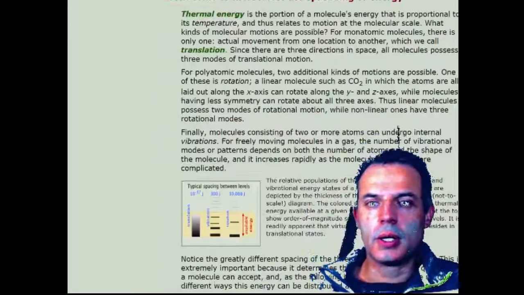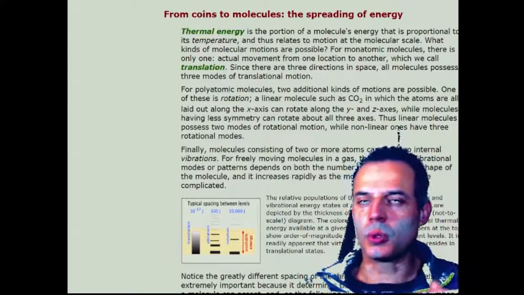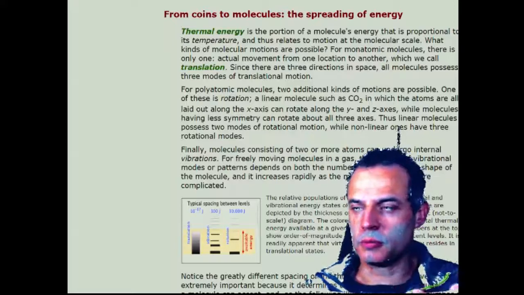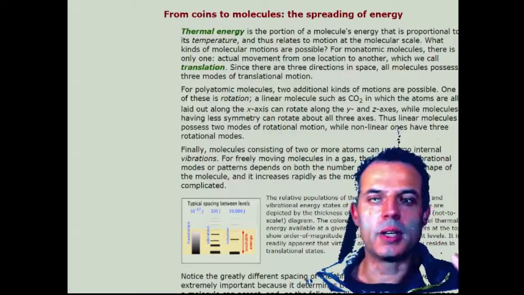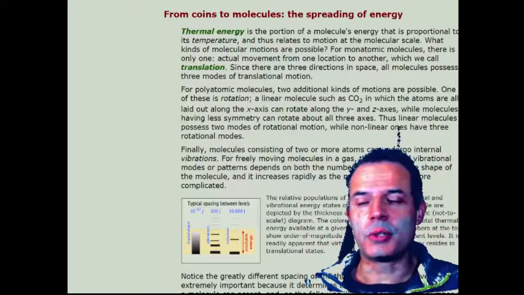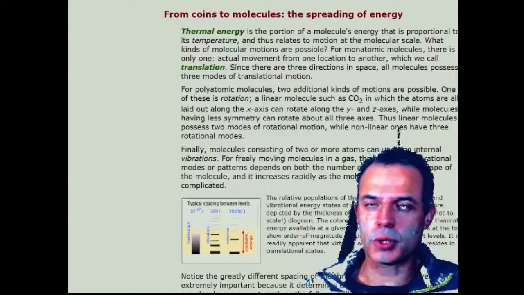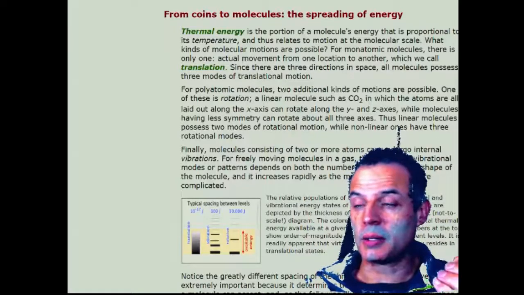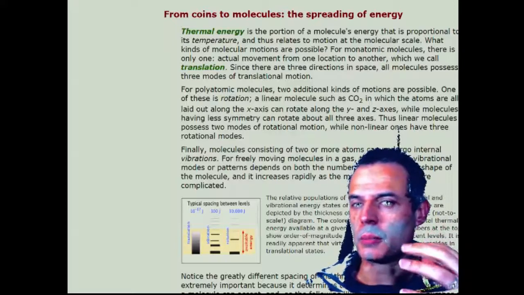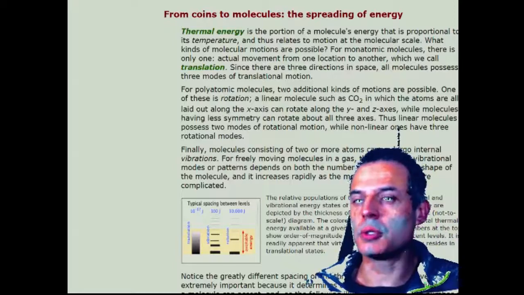So now we're going to the more interesting bit, the spreading of energy. This is more important because it's the real result that we want to talk about. If we take some molecules and put them in a box, then they can be in different states, and the energy that they have can be stored in different ways.